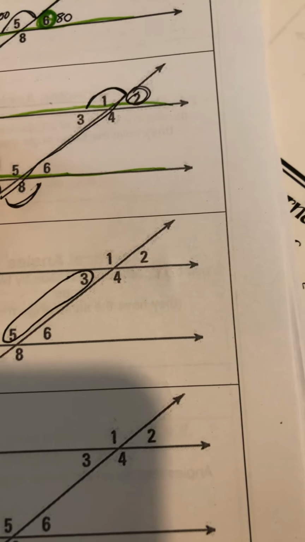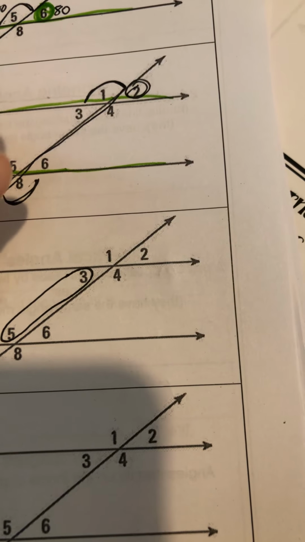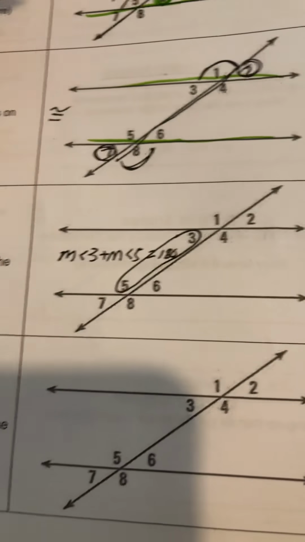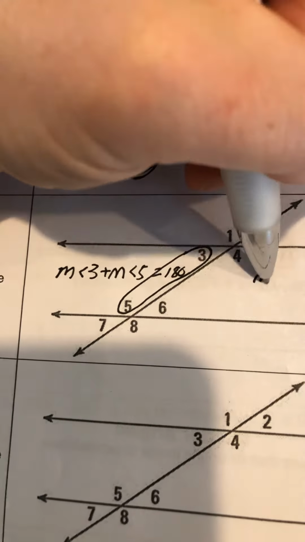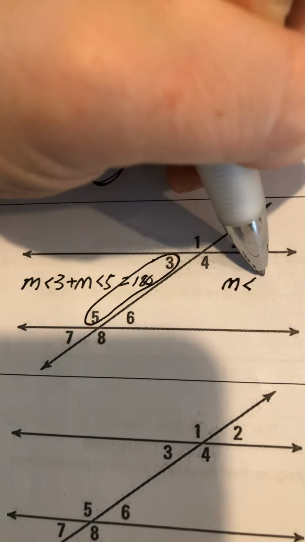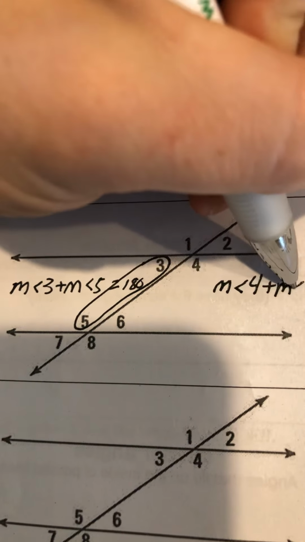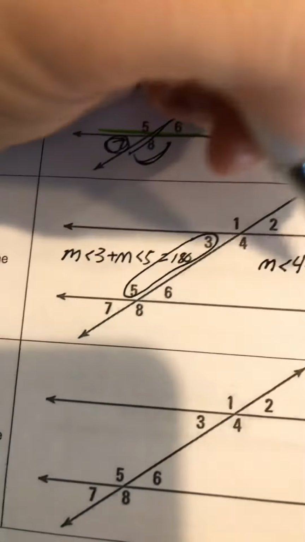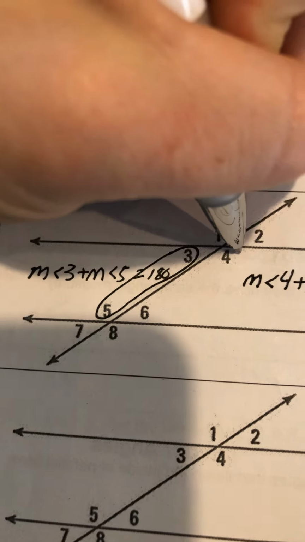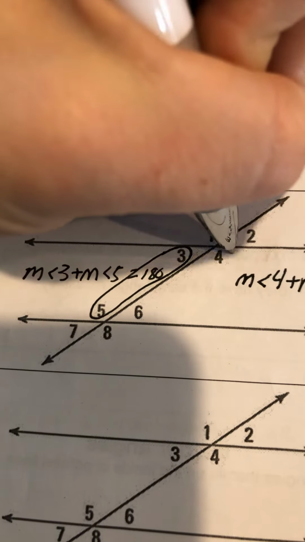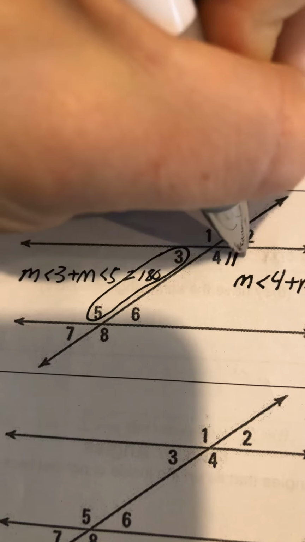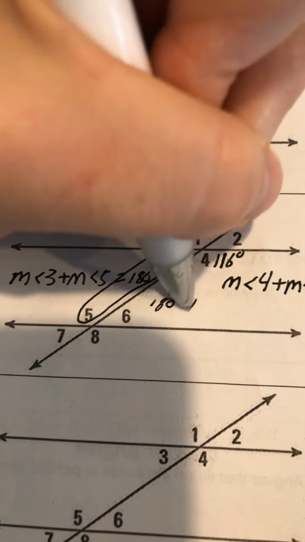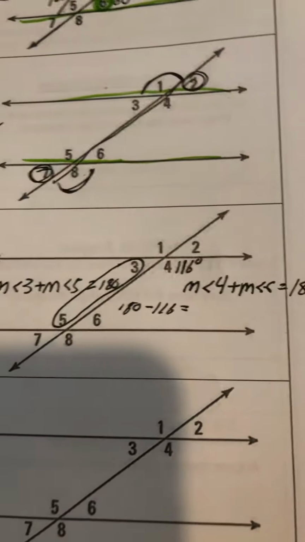So the measure of angle 3 plus the measure of angle 5 will equal 180. Same here. The measure, that's what the M stands for, of angle 4 plus the measure of angle 6 will equal 180. So let's say angle 4 was 116 degrees. Then 180 take away 116.